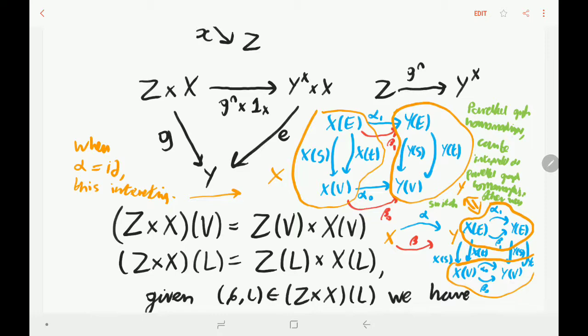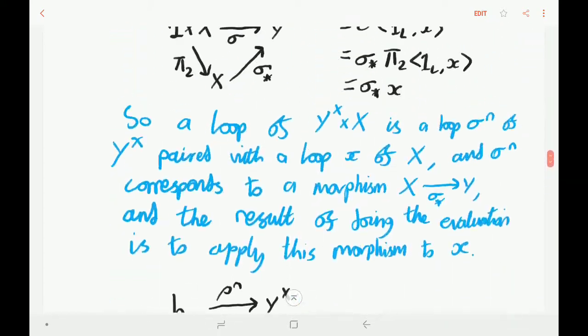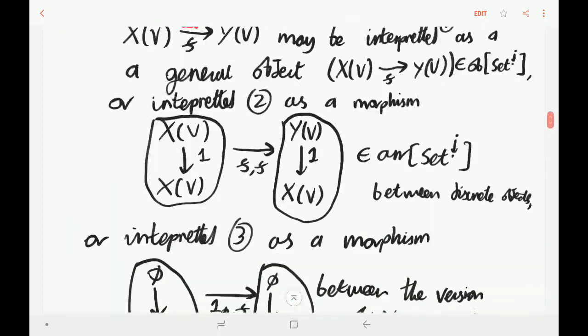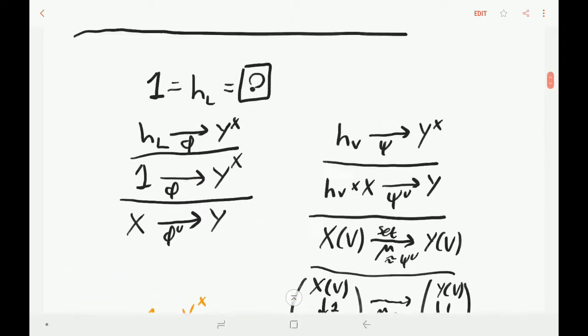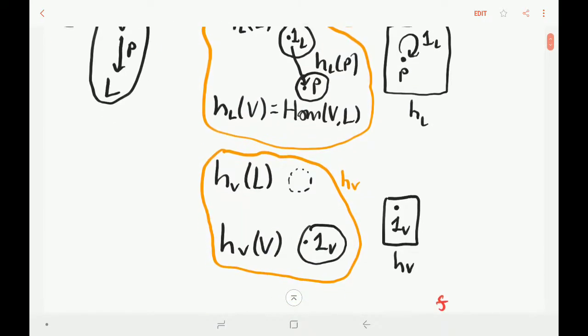So there's two ways of doing this. But then the old source and edge assignment functions become morphisms between those pairs of graphs. So, I mean, this is a very interesting kind of thing, I think. And as I say, I don't know if this has been discovered. I imagine it has, but I don't know.